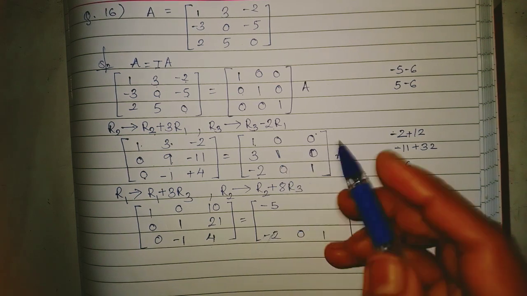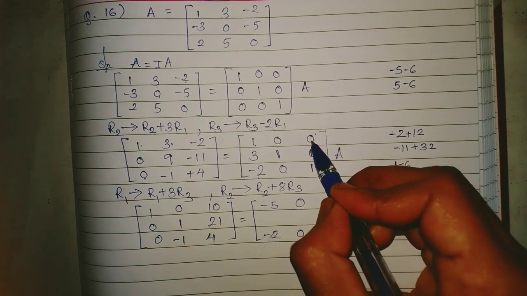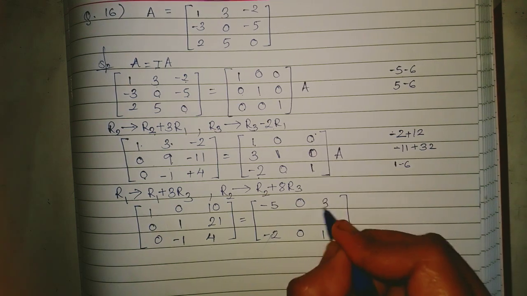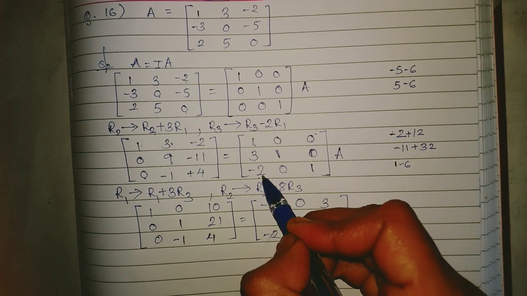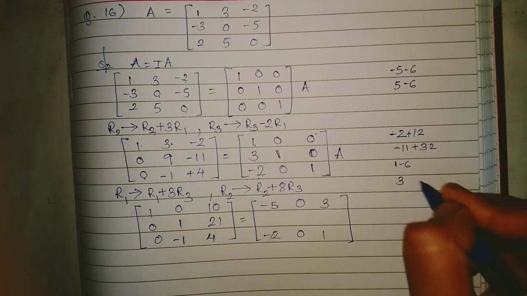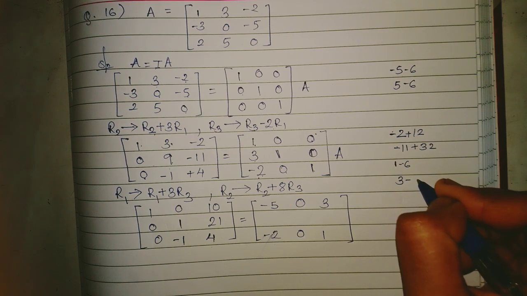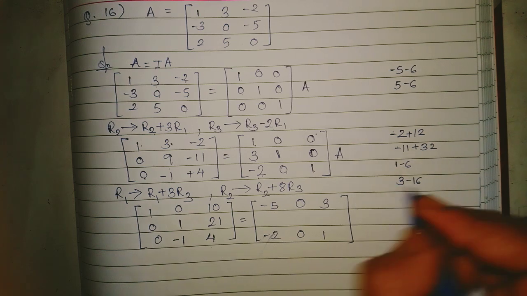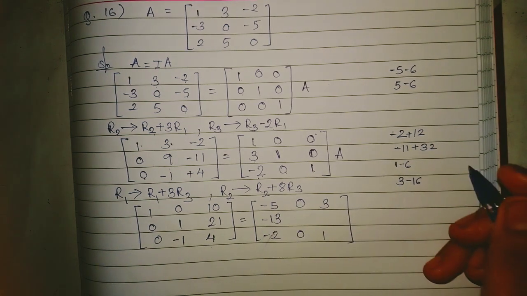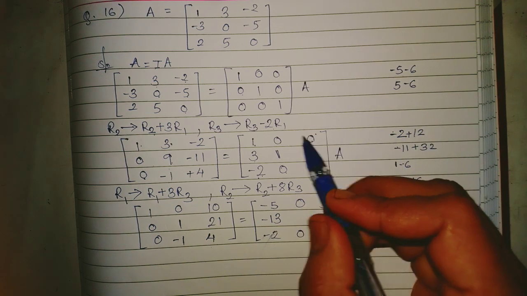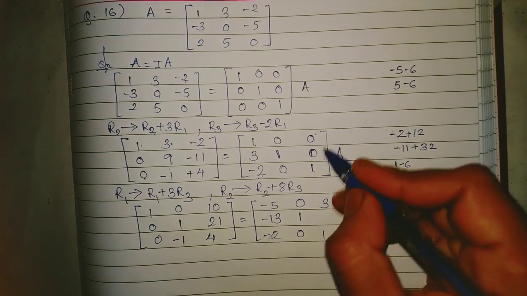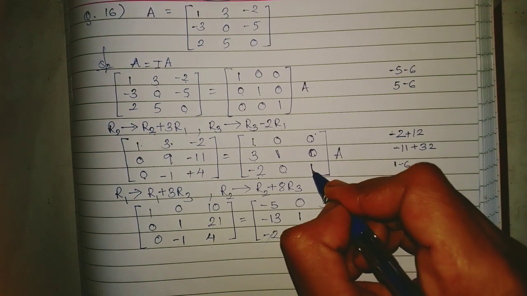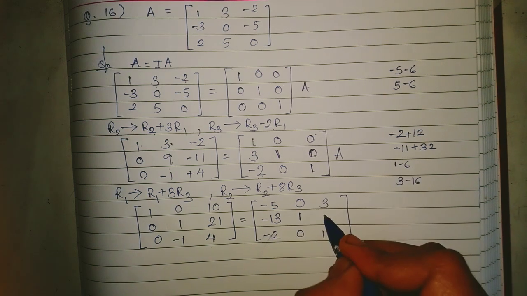Then R2 plus 8R3, 16, right? So this will be 13. Then R2 plus 8R3, so 1, R2 plus 8R3, so 8.